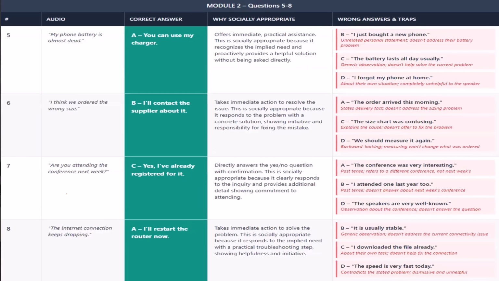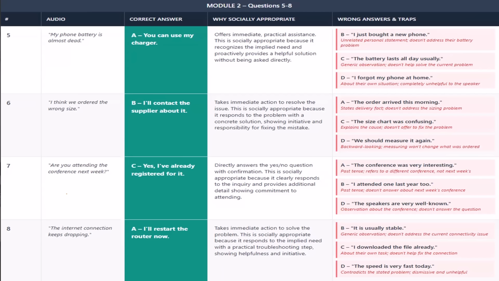For numbers 5, 6, 7, and 8, the correct answers were A, B, C, and A. You can see why an answer was, remember, socially appropriate. That's what you're doing here, everybody. You're picking the correct answer choice, which is the one that is socially appropriate.